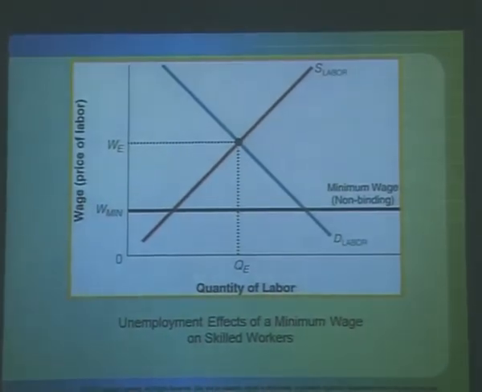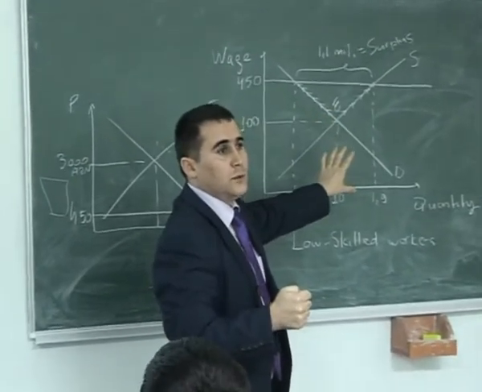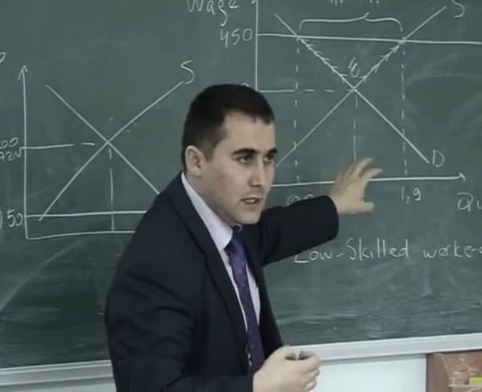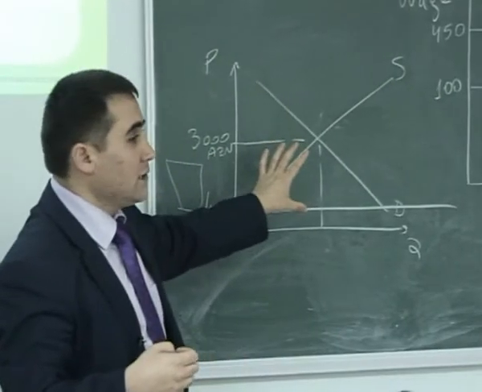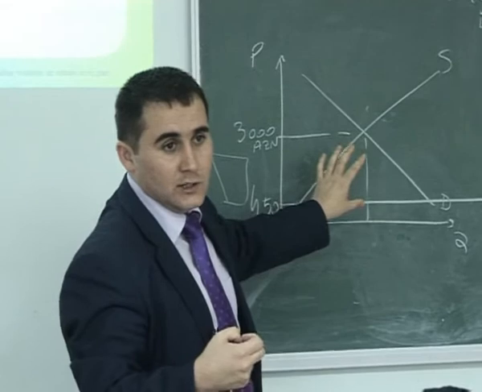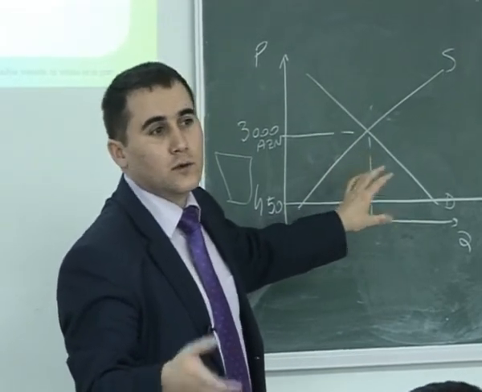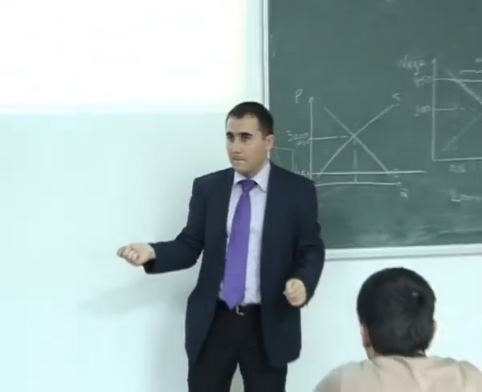But for the low-skilled, I mean the less educated or less qualified workers market, it will make a difference. But when it comes to the highly skilled or well-educated people's market, it's not binding. You understand my point? Okay.